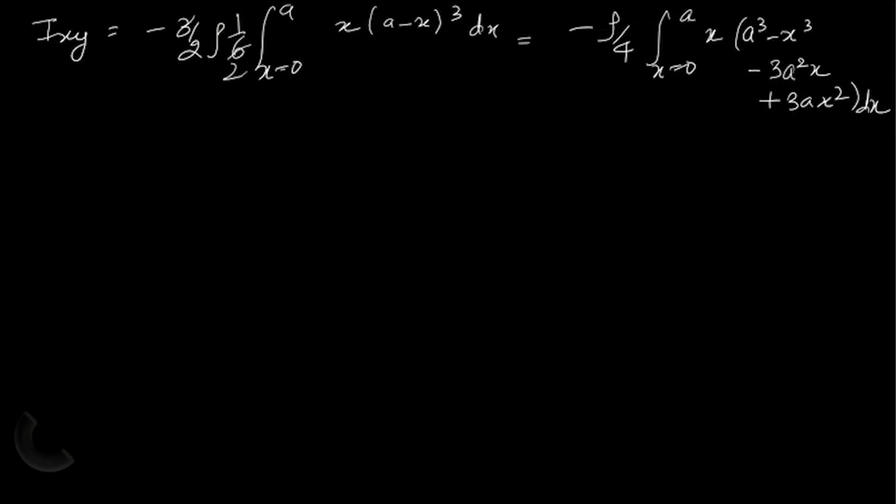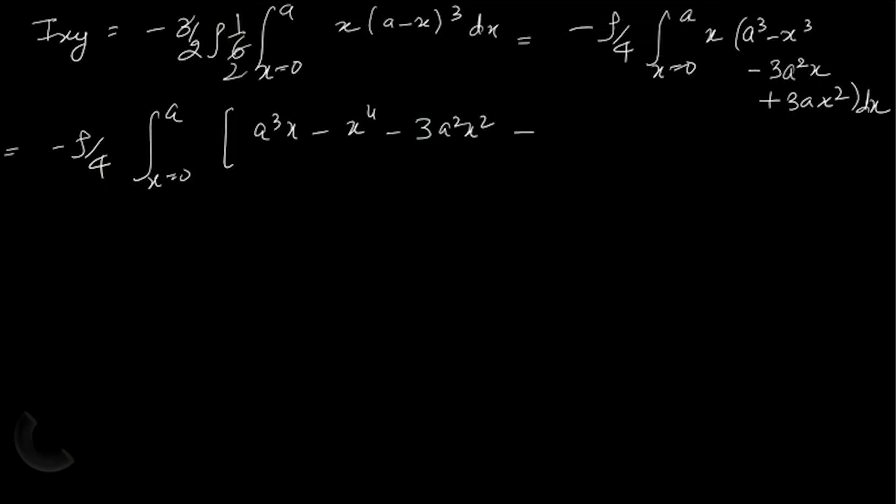So let's multiply this x with this whole cube. So we get minus rho over 4, 0 to a, and this is a cube x minus x4 minus 3a square x square plus 3a x cube, and then dx.